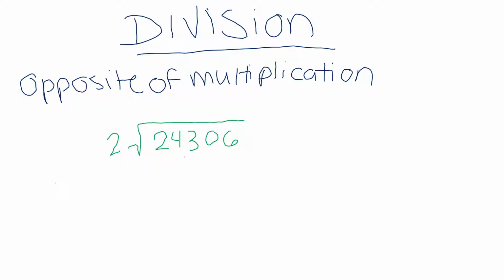So the way you approach a division problem is you look at the numbers and go across. So 2 goes into 2 how many times? Well, I know 2 times 1 equals 2, therefore 2 divided by 2 must equal 1. Then I take this 2, 2 times 1 equals 2, and I write it under there.